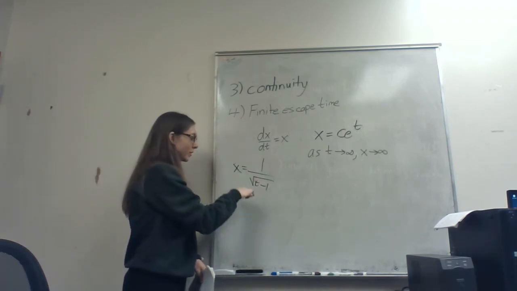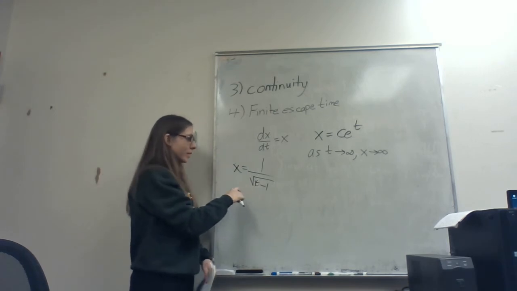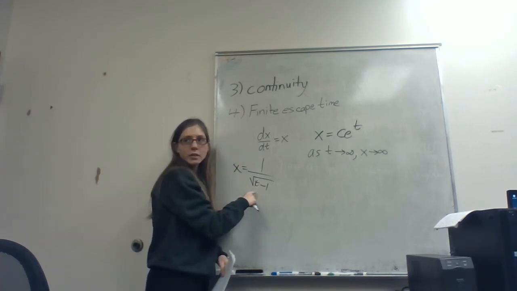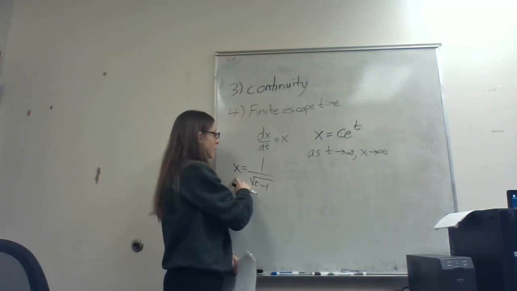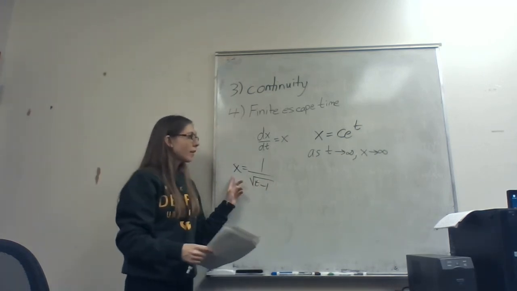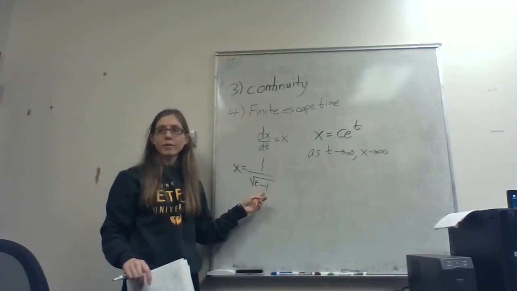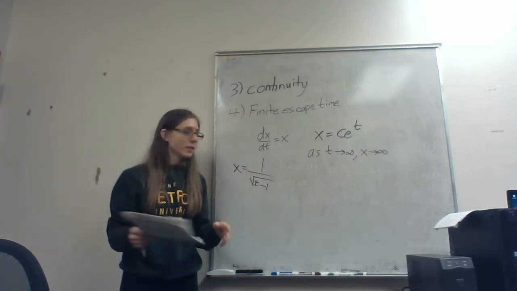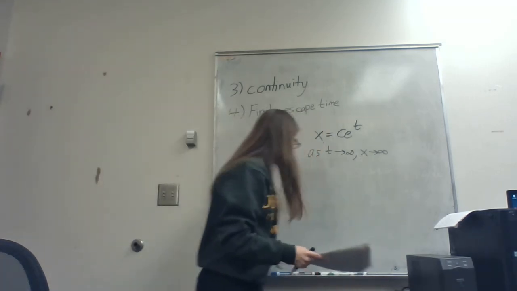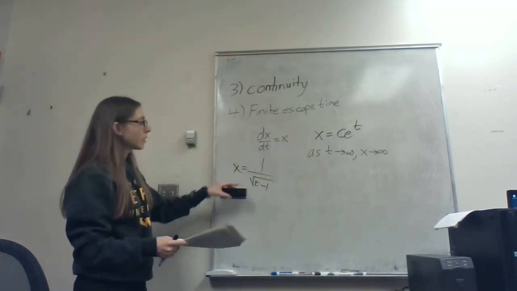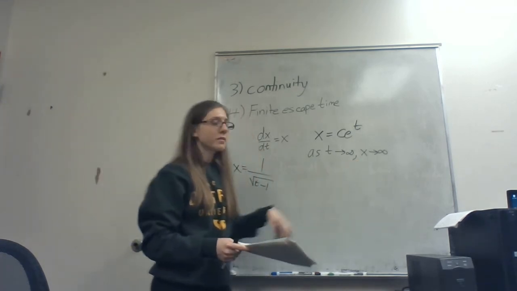Say this was the solution of some nonlinear system, and you start at t equals 0. You can see that as t approaches 1, this is going to infinity. So here we have the problem that x can go to infinity before t does. We only had a small amount of time before the state went crazy. That can be a property of what nonlinear systems can do that you would not see in this kind of system.